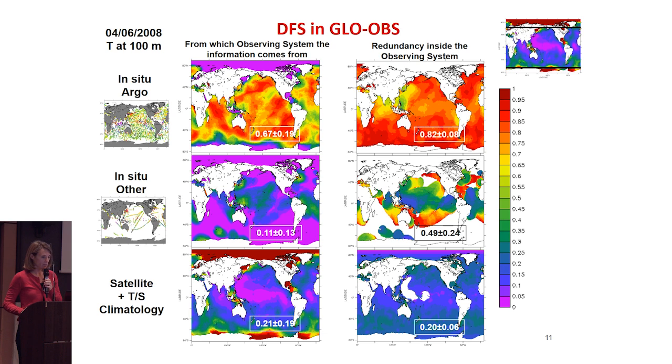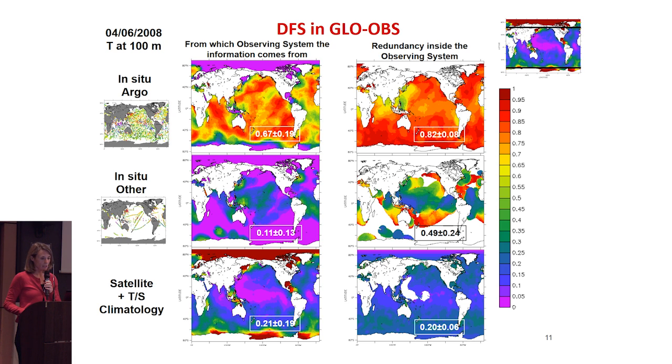And here, just very quickly, what we can see is that most of the information in our method comes from the Argo observing system, more than 67%. Inside this Argo observing system, basically we don't see any redundancy, except very little in the far west part of the Pacific Ocean and the very northern part of the Indian Ocean, where we have lots of instruments.